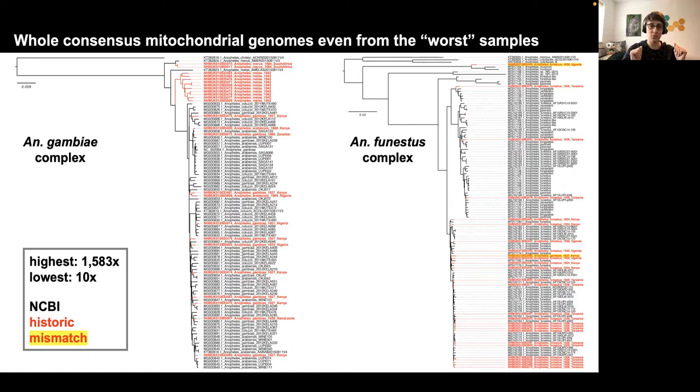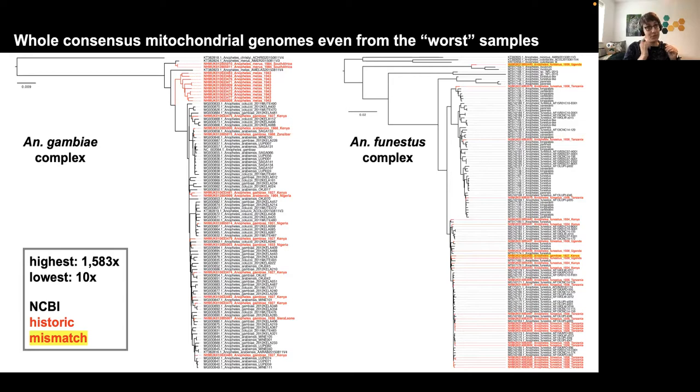And so we were able to create these consensus mitochondria, and we were able to create maximum likelihood trees, which you can see here for 2 of the Anopheles complexes that we looked at. In red are historic samples. In black are samples that we retrieved from the NCBI database. And so we were able, based on where these samples group, to tell what species or complex they were.